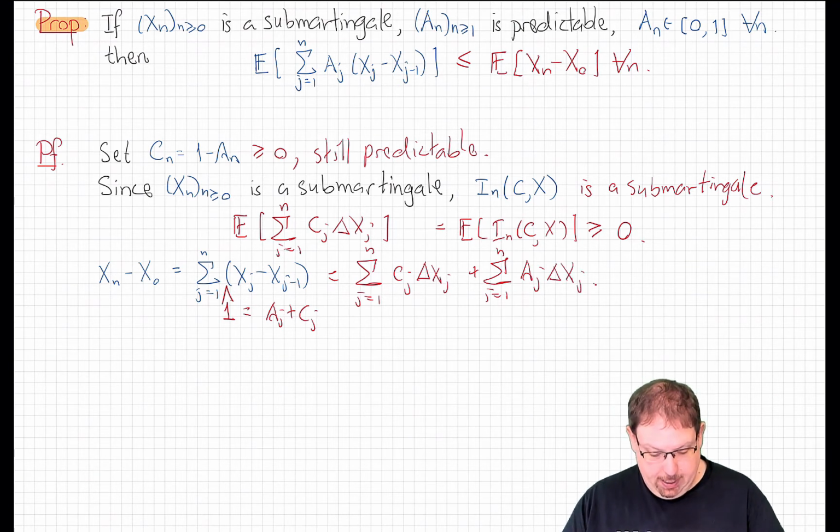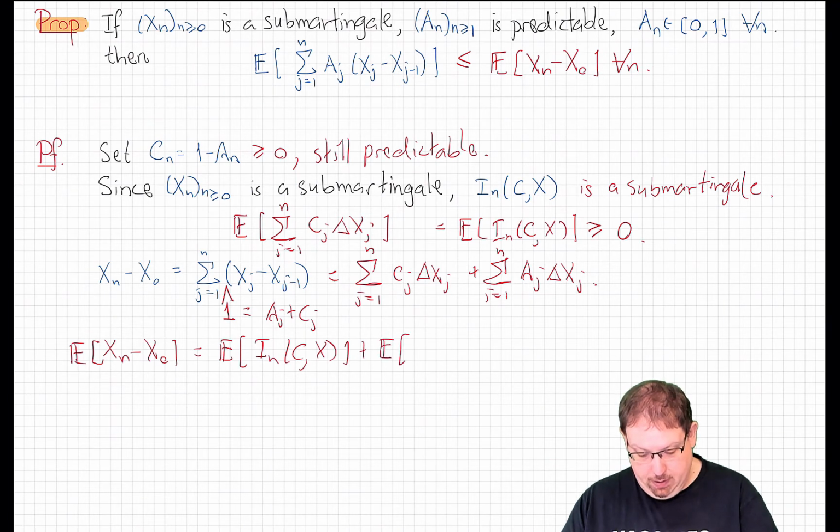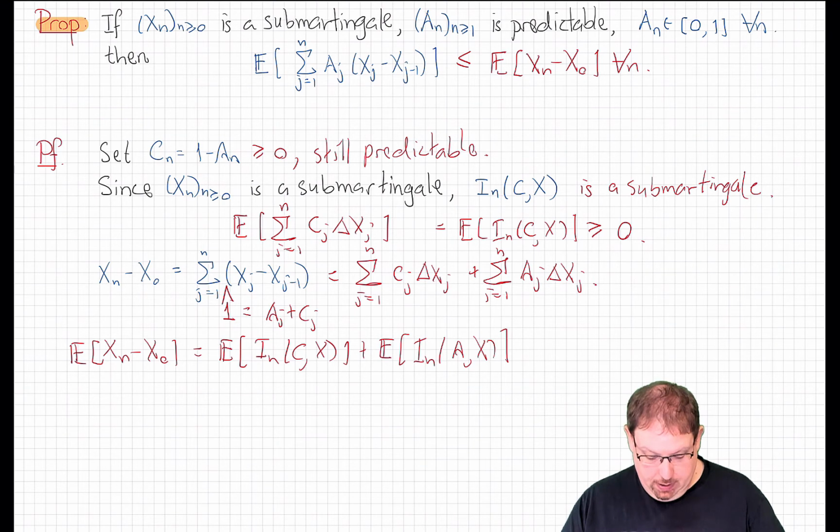But that means, taking expectations, that the expected value of the total increment in the stock price is the expected value of the stochastic integral of C with respect to X plus the expected value of the stochastic integral of A with respect to X. And as we noted above, that's non-negative.